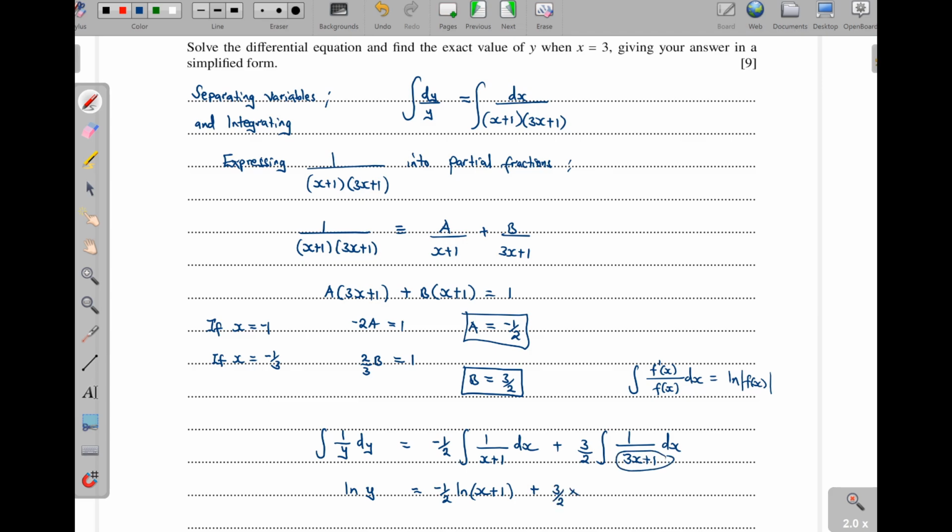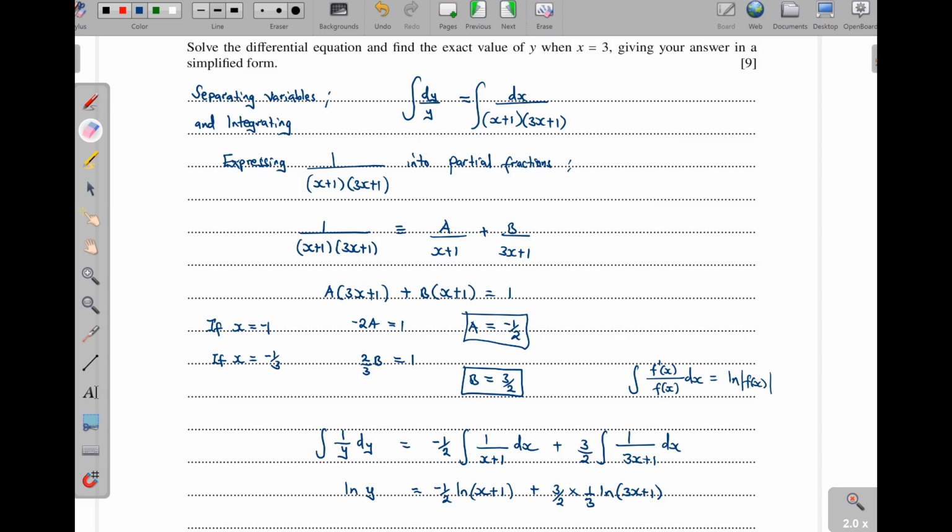Now, when I differentiate this one here, I'm going to get a 3. What should I do to this 3 to get a 1 that is up there? I'll multiply this one with a third, not so? So this operation here is now going to be the coefficient that I'm going to multiply into the natural log of the denominator here, like that.